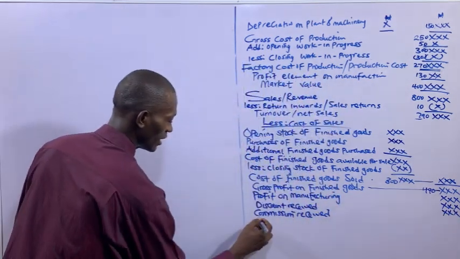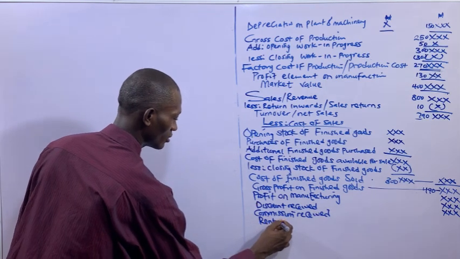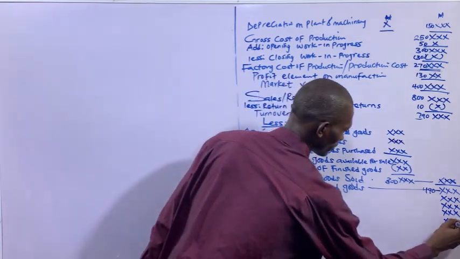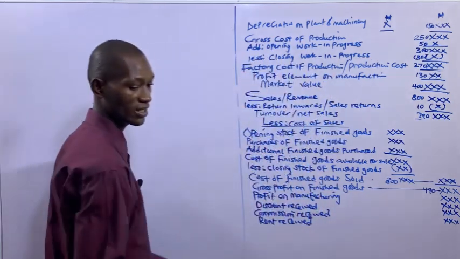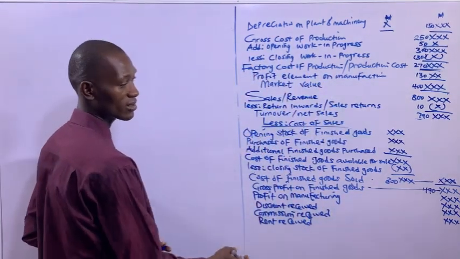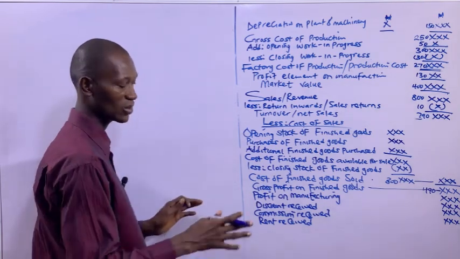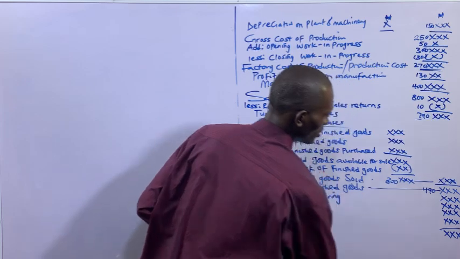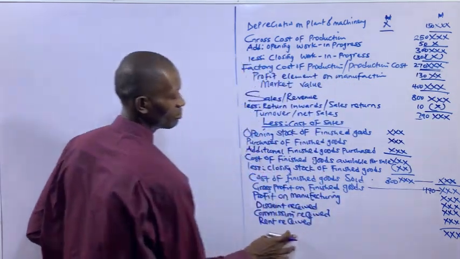If there is anything like rent received, we add it. If there is any decrease in provision, it's also an income. And all other incomes, you add them. Then when you add them, you have this. So this is your total income.